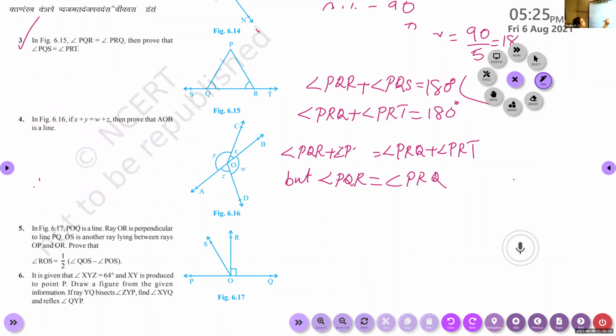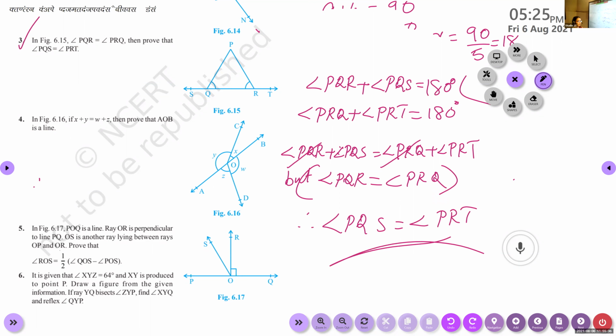But PQR and PRQ are equal, so we can cancel these two. Reason: PQR and PRQ are equal. So PQS equal to PRT.